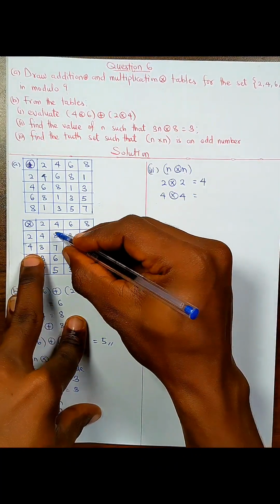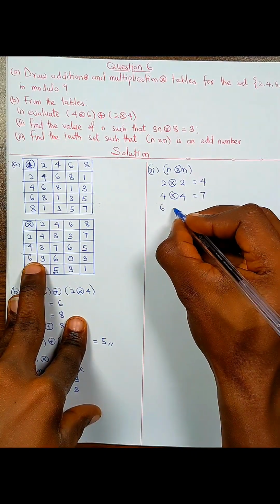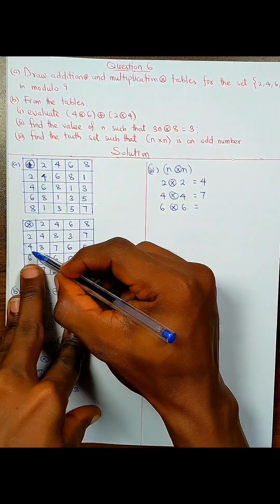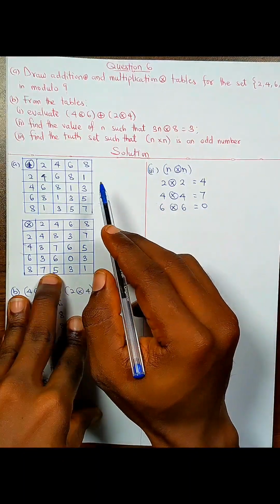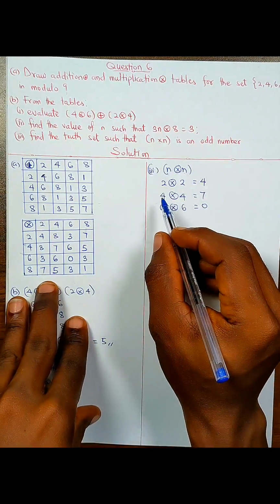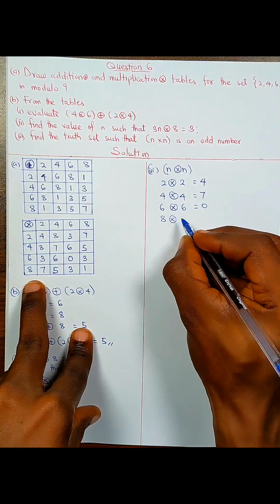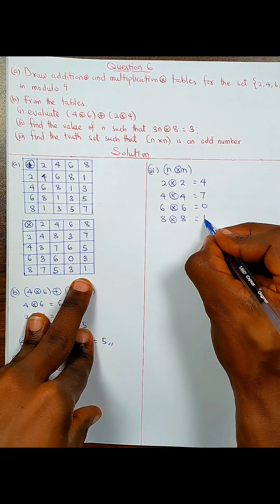Let's see what it gives. 4 operation 4 gives us a 7. Then we see 6 operation 6 giving us a 0. And then we have 8 operation 8 giving us a 1.